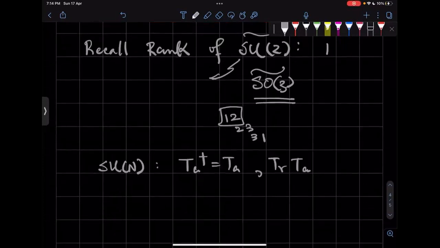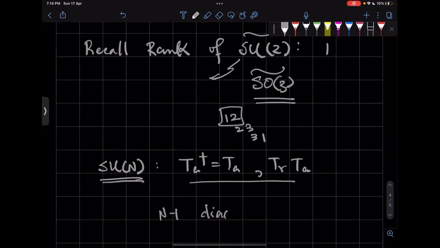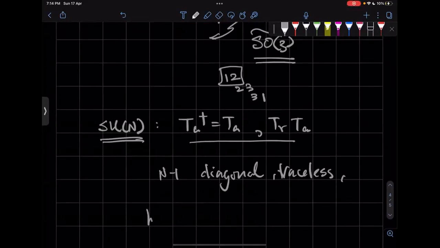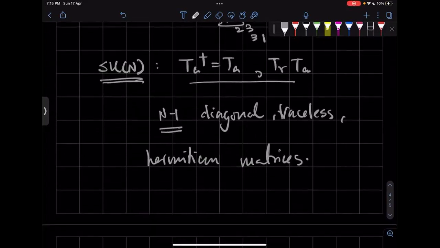And for SUN, we could construct n-1 diagonal, traceless and Hermitian matrices, okay? And they all commute amongst themselves, and they don't commute with the other traceless Hermitian matrices. And in this case, n becomes 2, so there's only one rank.